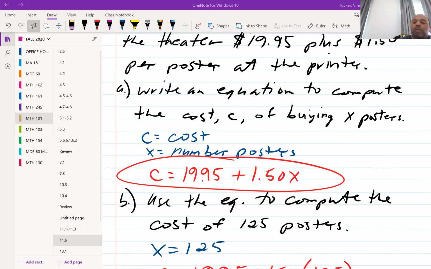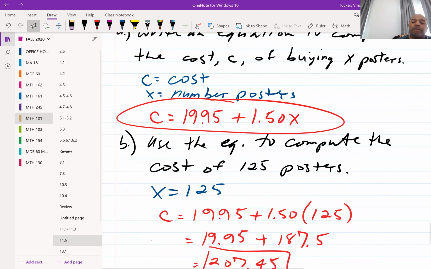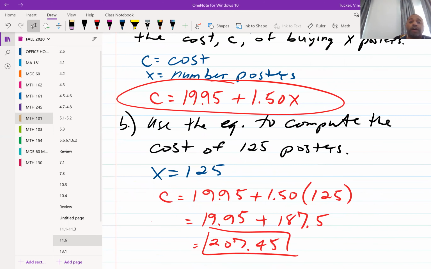All right, so use the equation to compute the cost of 125 posters. That means x is 125, so we take the 125, put it in our equation. So 19.95 plus 1.5 times 125. Multiply those two numbers, that'll give us 187.5.